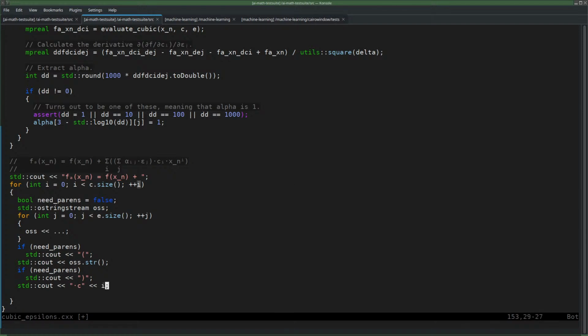And then we also always print, no I don't, wait a minute. And then if i is larger than 0, then we have to print dot x.